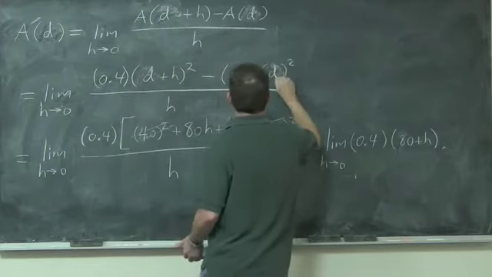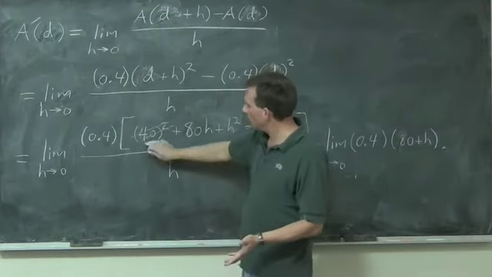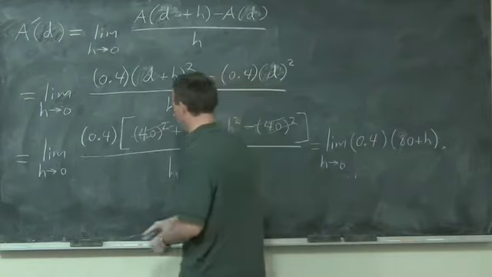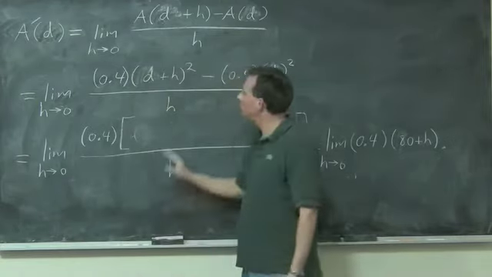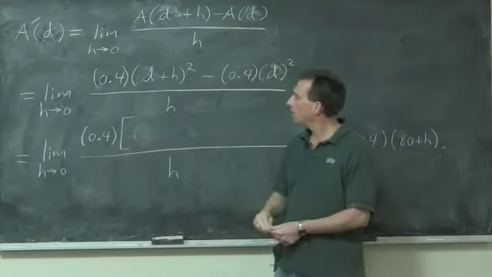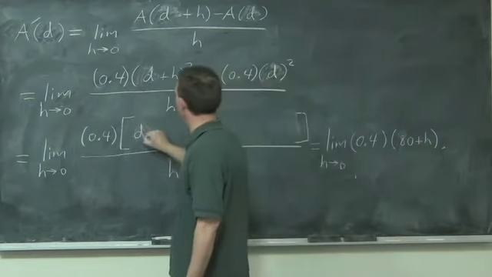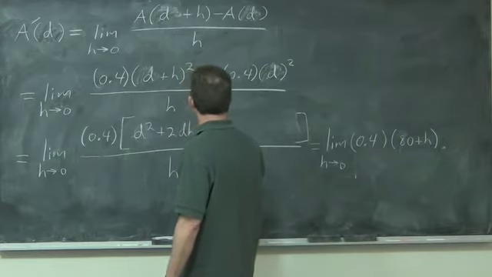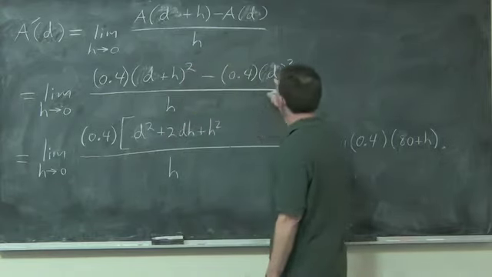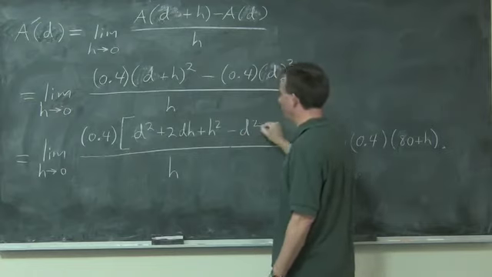So we would have a d here, a d here. What would change here? We would have a d squared. So let me redo this. You would still pull out the 0.4, but now you'd square this, so you'd get d squared plus 2dh plus h squared, and then minus d squared.